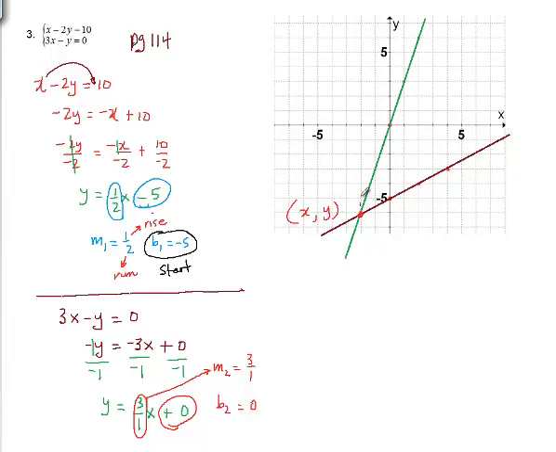X is always first, so we go up to read the coordinate on the x-axis, and it looks to be negative 2. So our x is negative 2, and we go across to the y coordinate. It looks like y is negative 6. So it looks like our solution is negative 2, negative 6.